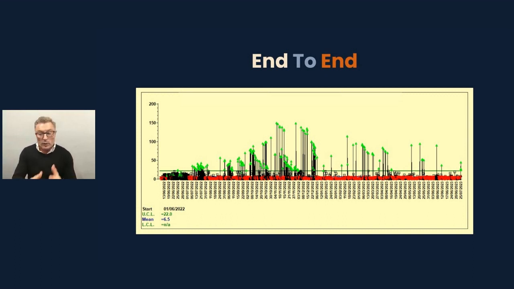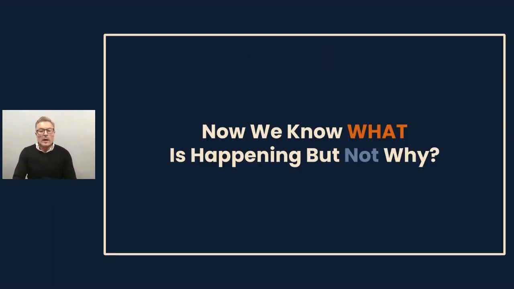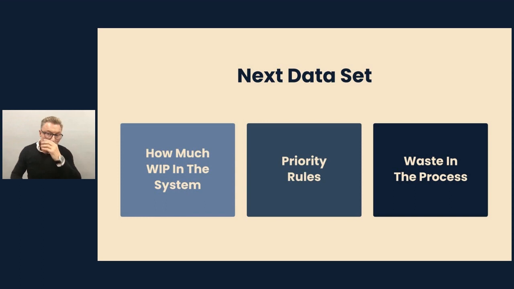And therefore, they don't know whether what they did made it better or worse. So we've got our capability data. We now know what's happening, but we don't know why it's happening. So here's the next piece of data that you need to go and get to understand why the void is taking as long as it is.